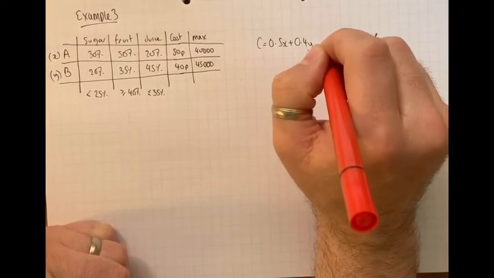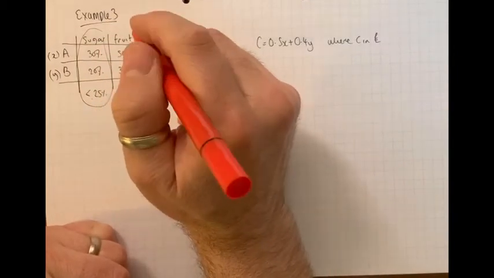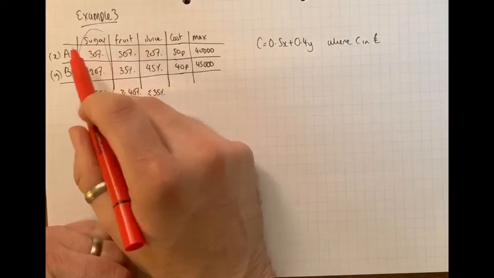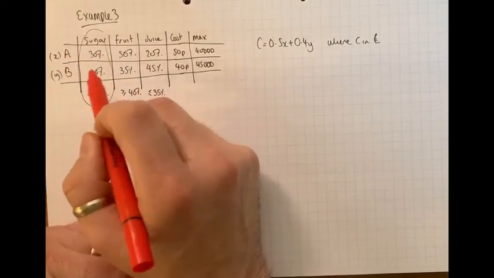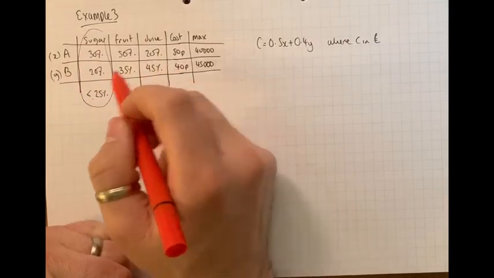Now let's look at these constraints. So sugar. The amount of sugar is going to be 30% of x plus 20% of y. To work out 30% of something, you just times it by 0.30 or 0.3.